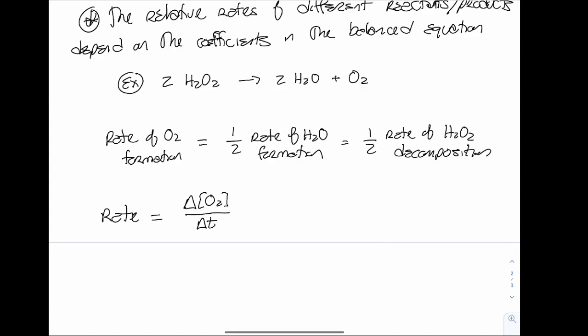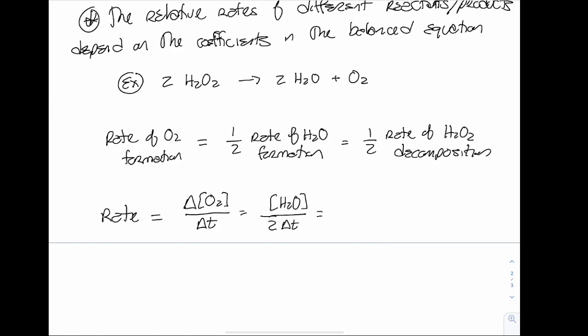That's going to be equal to my change in concentration for water over my change in time. However, my rate is 1/2 that, right? And you can write it with the half if you want. More commonly, in either way, it doesn't matter, we can put that 2 on the bottom. It's the same thing, right?